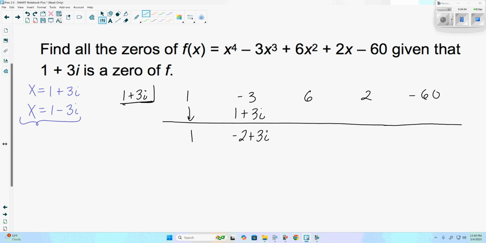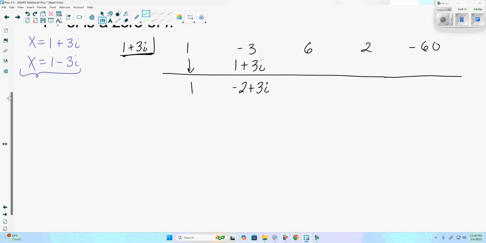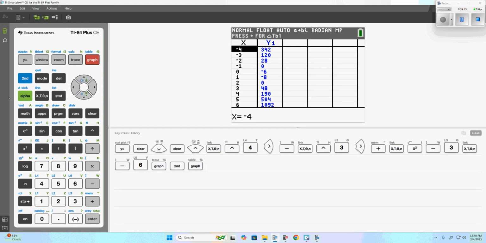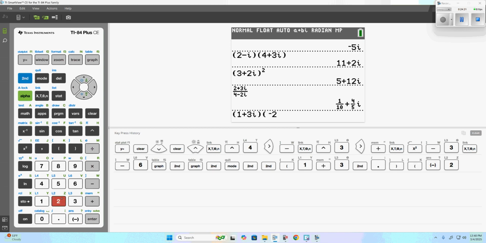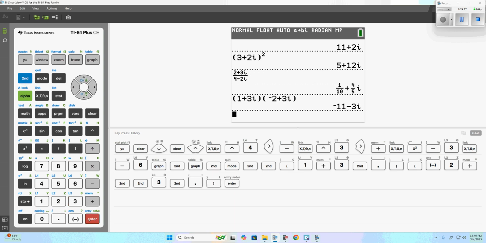Now we're going to have to multiply again. We're going to have to do 1 plus 3i times our negative 2 plus 3i. Luckily, the graphing calculator will actually let us multiply 1 plus 3i by negative 2 plus 3i.